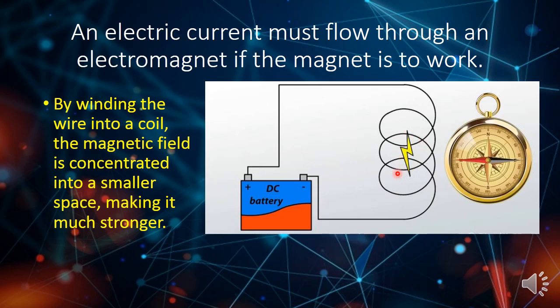This coil of wire has a magnetic field around it because the compass changed its direction towards it. Normally the compass points towards the north and south directions, but if there is a magnet close to the compass, it will change its direction towards the magnetic field lines.